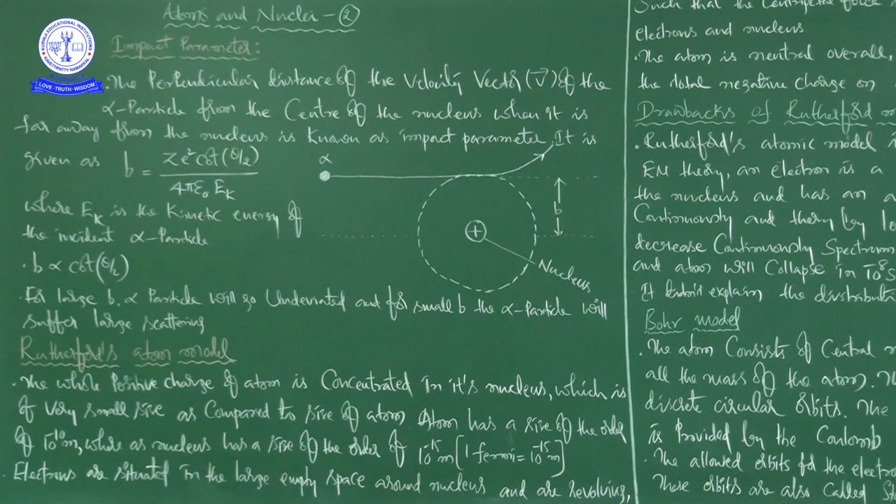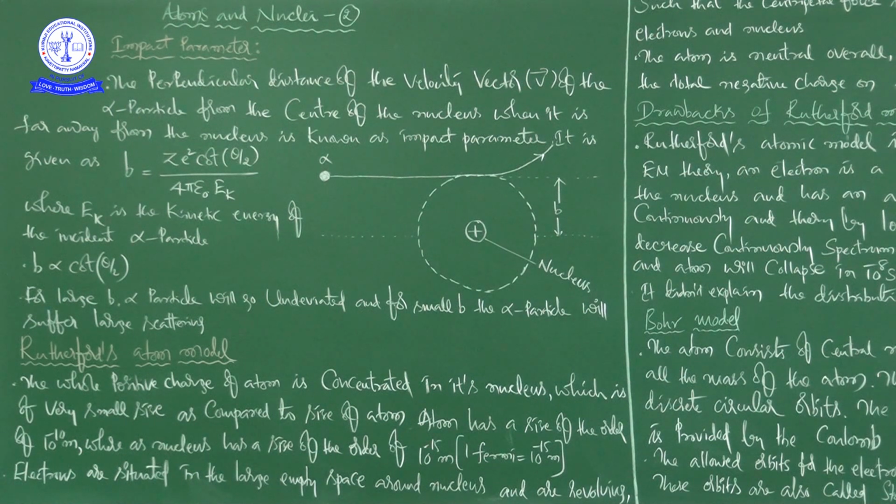It is the perpendicular distance of the velocity vector v of the alpha particle from the center of the nucleus, when it is far away from the nucleus.